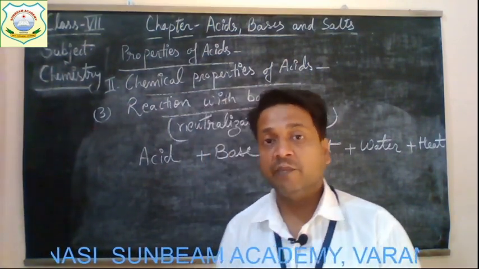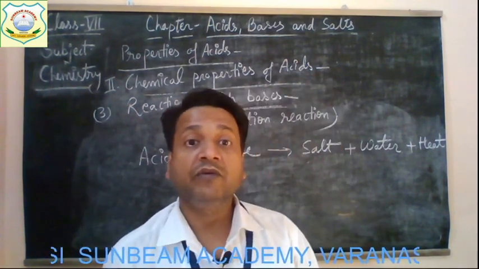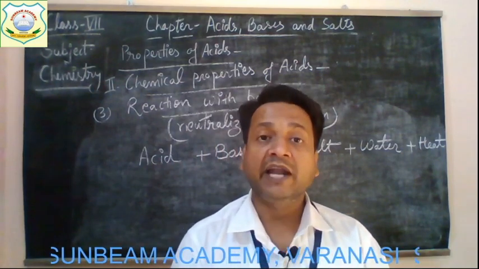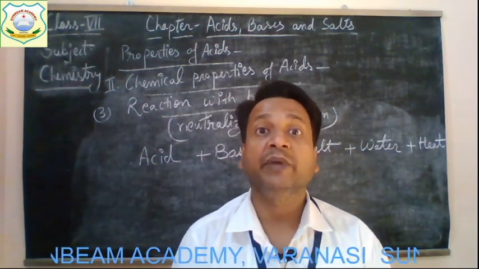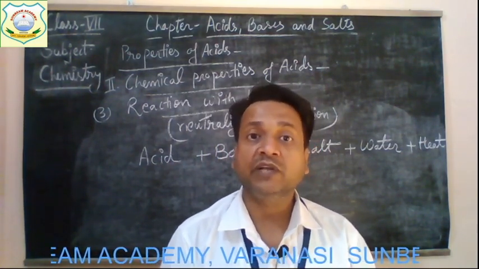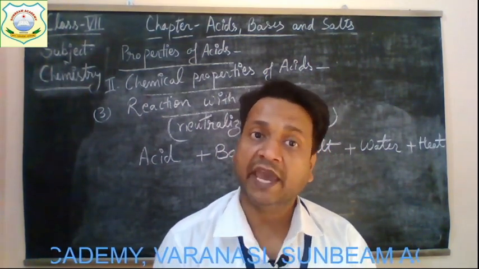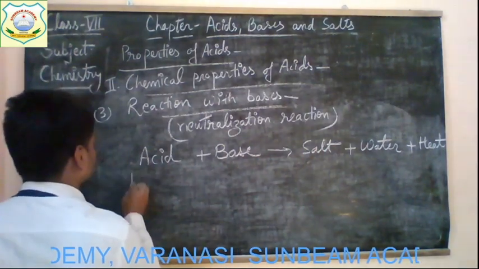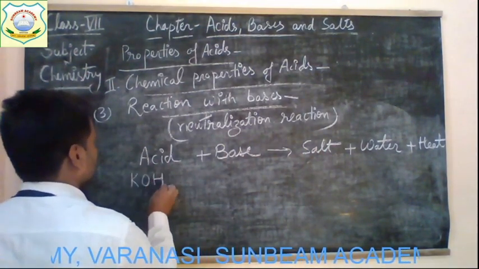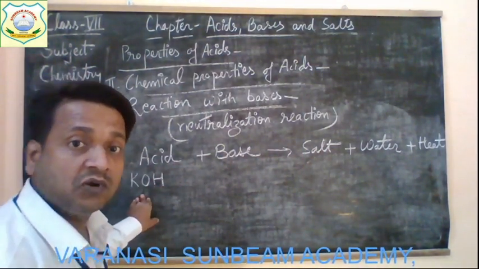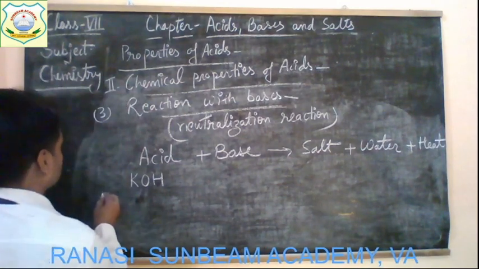The first example I'm going to take is potassium hydroxide, which is a base. The formula of potassium hydroxide is, children, yes, KOH.